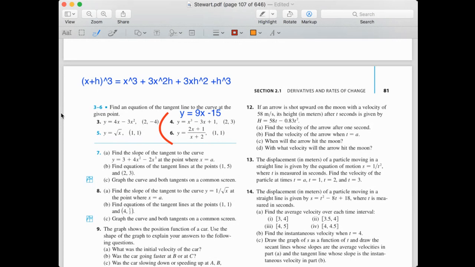We will multiply, and we'll get 2x plus 4 minus 2x minus 1 after simplifying, over x to the second power plus 4x plus 4. So that will give us 3 over x to the second power plus 4x plus 4.